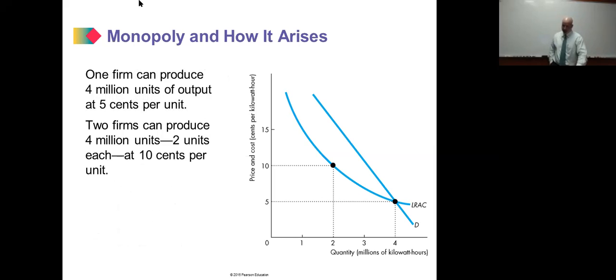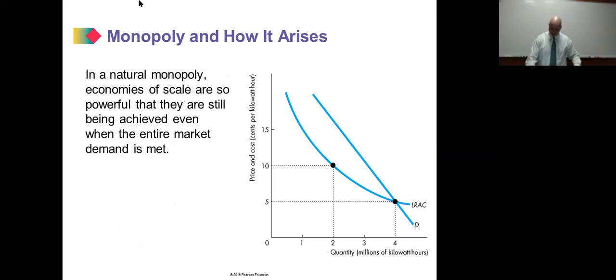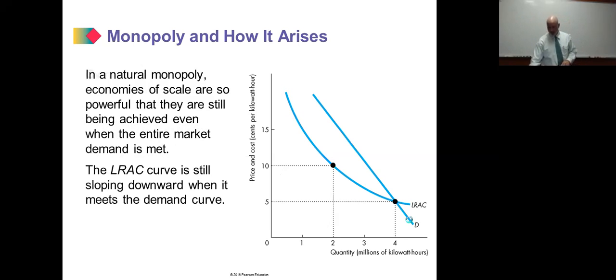Two firms, we would say, could produce 4 million units of output. Now we say in a natural monopoly, economies of scale are so powerful that they are still being achieved even when the entire market demand is met. So again, we have economies of scale along this entire curve because price falls as output increases.